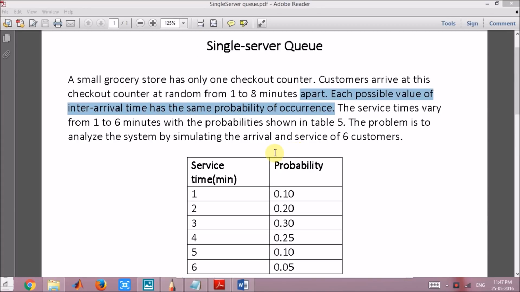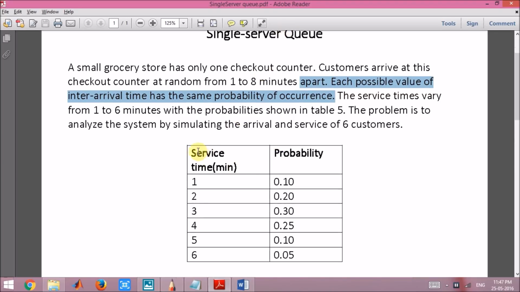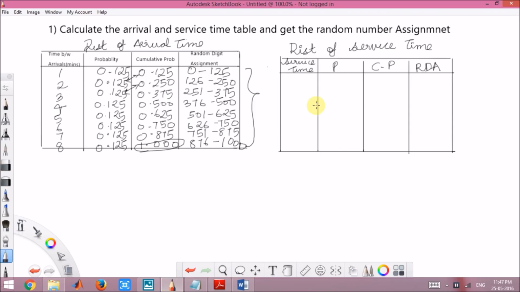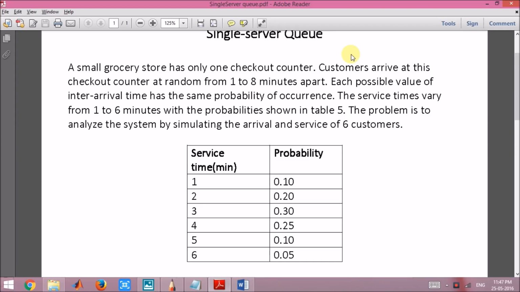So since we have calculated the arrival time table, now it's time for the service table. So for service table, since they've given this particular table, the first two columns of our table is filled. So let's see. So we are done with this particular thing, distribution of arrival time. Now when we come to distribution of service time, so similarly the table is given, so service time 1 to 6 with these probabilities.